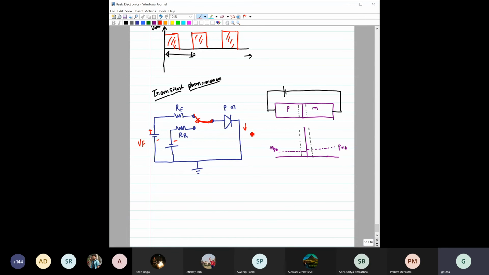Say this current is ID. Then this ID would be equal to VF minus VD by RF. What is VD? VD is the voltage drop across this diode. So ID is VF minus VD by RF. It's pretty straightforward, right?